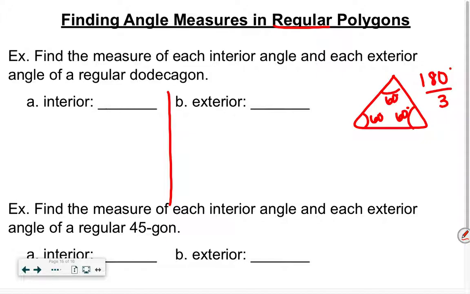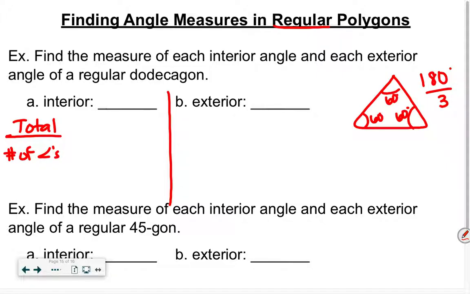If you have a total amount and it needs to be evenly distributed, then you're taking that total and just dividing it by how many angles you're distributing it to, right? So that's kind of how all of these are going to work. You're going to take the total degree measure that it needs to add up to, and you're going to divide by the number of angles that it has.